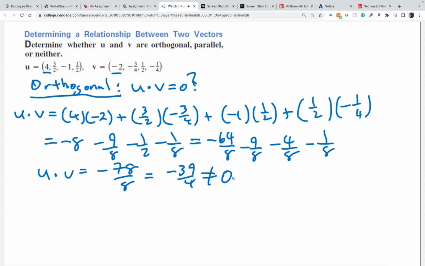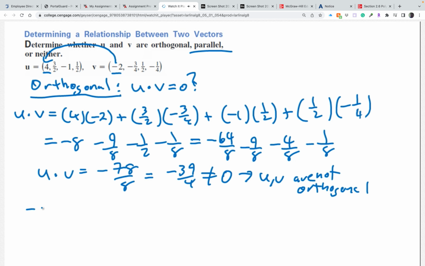which is not equal to 0, which tells us that u and v are not orthogonal. But are they parallel? Well, we can note that if we look at u, it seems that we could possibly multiply v by negative 2 to get u.